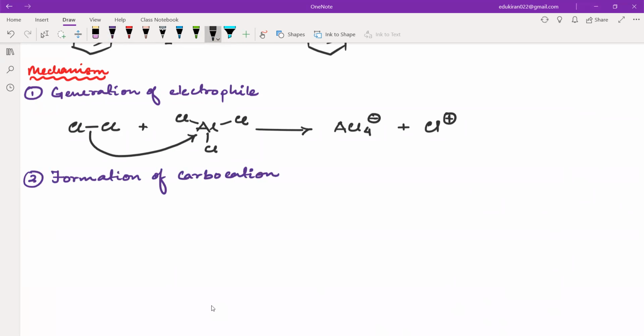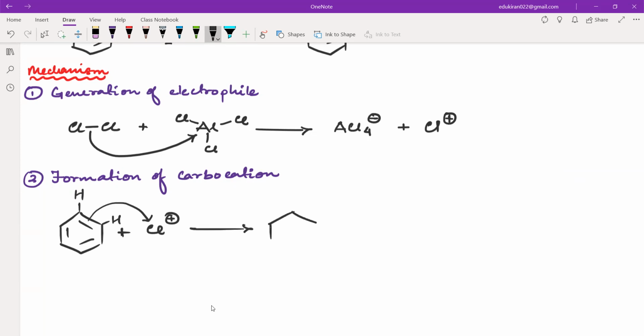Now, in formation of carbocation, the benzene ring will attack the electrophile, breaking a pi bond and forming a carbocation, that is especially known as the arenium ion. We have hydrogen, and let us focus on this bond. This bond will attack on chlorine. One of the carbon atoms will get the chlorine, the other carbon atom will get the positive charge.